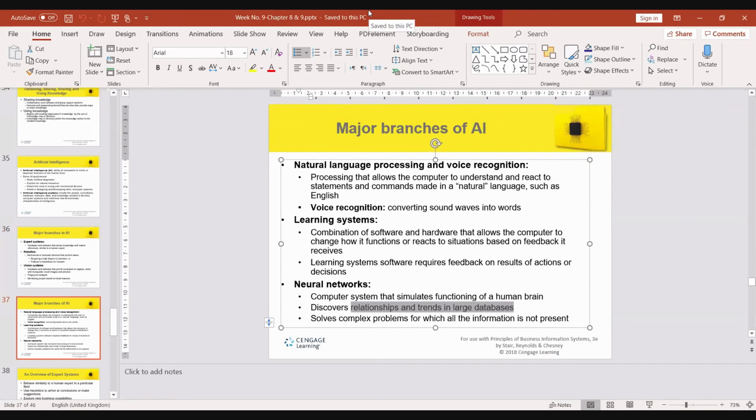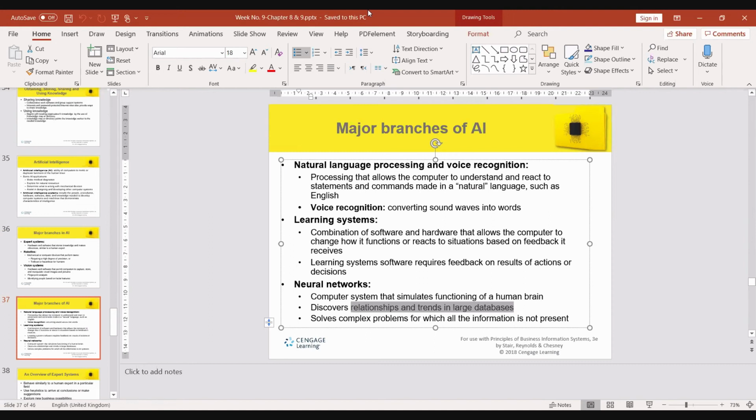So you will create links between them and find a specific pattern in that data. You will assign weights to the different components of what is required from the big data, and then try to find the pattern from that.